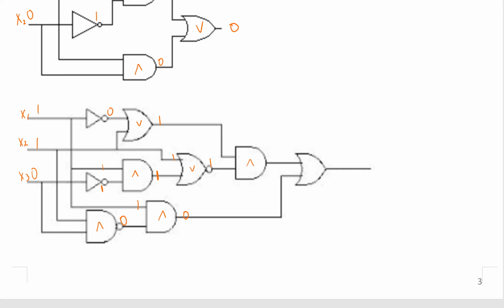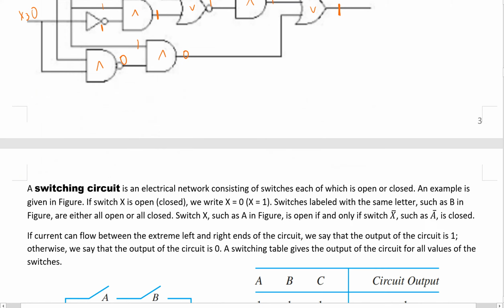This is 1 and 1 is 1. Finally, this is OR. 1 or 0 give us 1. So the answer is 1. So far, so good, everybody? Yeah, so we can also look at the circuits, and then we can imagine how the bits flow through the gates. Let's continue.